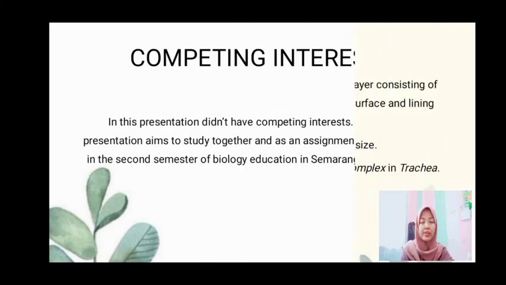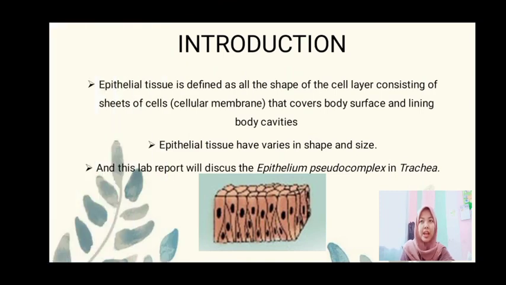Next is the introduction of epithelium. Epithelial tissue is defined as all the cell layers consisting of sheets of cells or cellular membrane that cover body surfaces and line body cavities. Epithelial tissue has various shapes and sizes. For example, epithelium simplex.